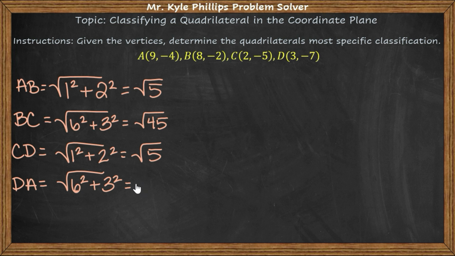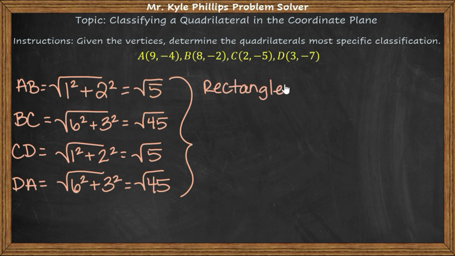So just like BC here, we have the square root of 45. So now we know based off this, it must be a rectangle or a parallelogram.